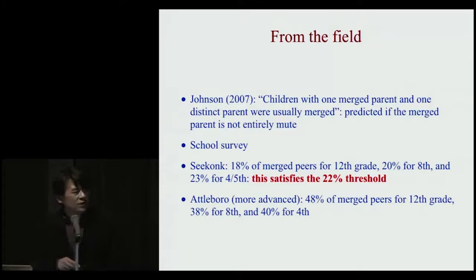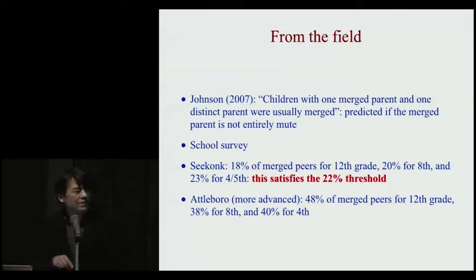In his school survey, this is what I thought was pretty compelling. So he went to the school board and found the demographic data of where the children were born, exactly the time when the merger knocked out the distinct system. He found that at the time the percentage of children from the Boston area was 18 to 23%, which is very similar to the 22% that we have calculated purely on a numerical basis.